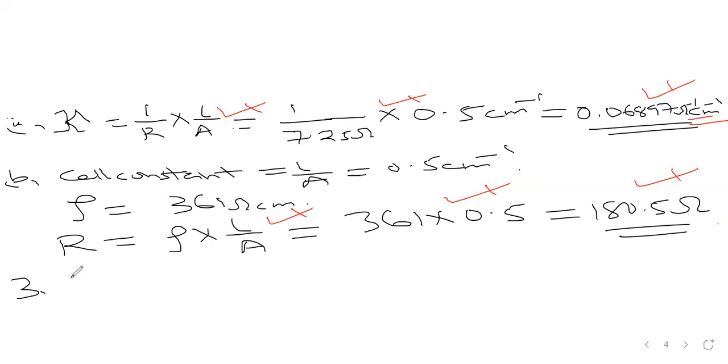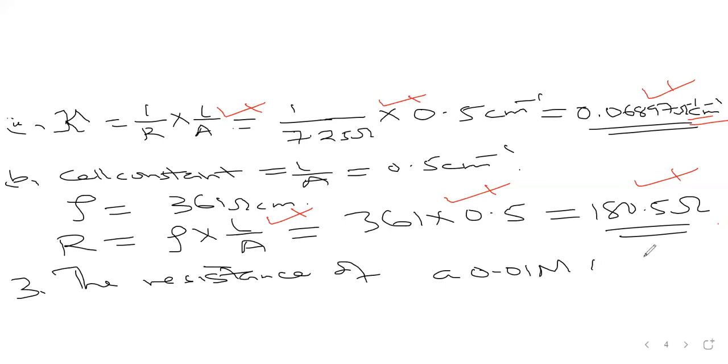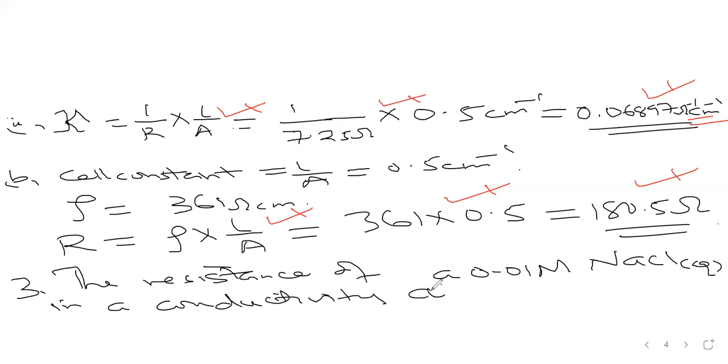It says the resistance of a 0.01 molar sodium chloride solution in a conductivity cell was found to be 210 ohms.